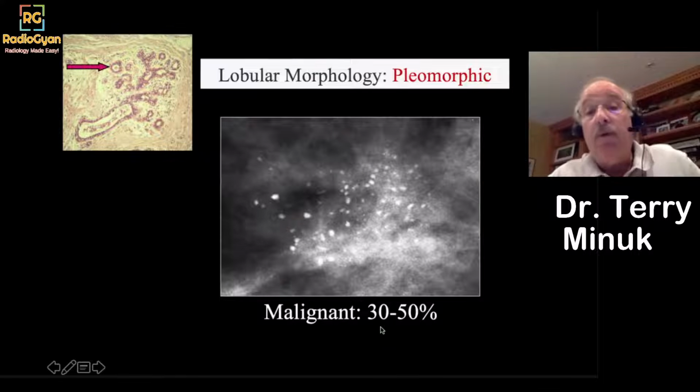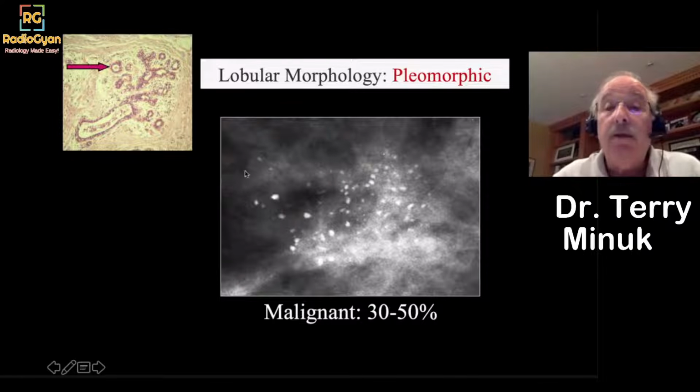And hence, the risk of malignancy in their biopsies will be lower. But these calcifications here, 30 to 50% risk of malignancy. Those that aren't malignant tend to be fibrocystic change, maybe 30% of them. Calcified fibroadenoma, maybe 10, 15%. And there's other things, dystrophic calcifications.